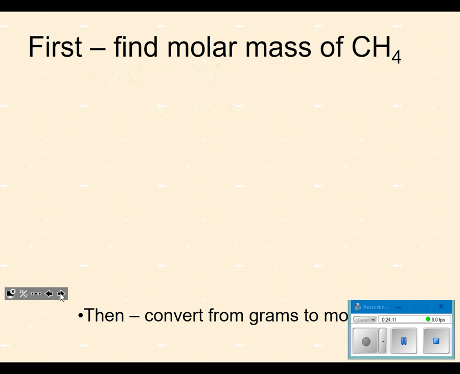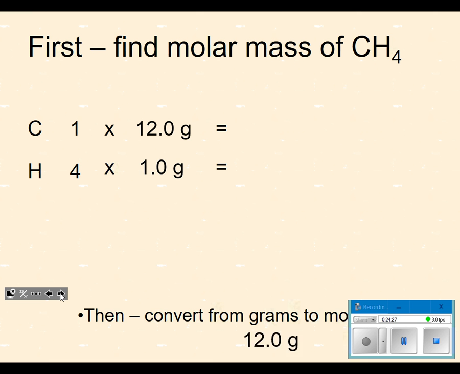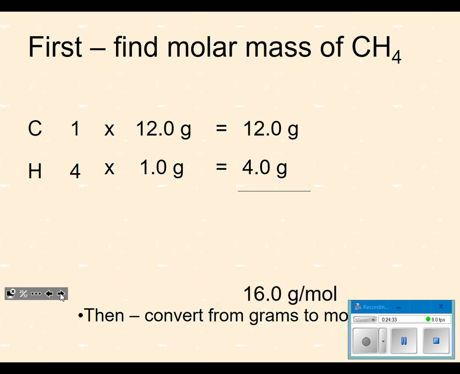All right, so there's C and H, those are the 2 elements, and so I have 1 carbon and 4 hydrogens. So carbon on my periodic table is 12.0 grams. Hydrogen is 1.0 grams. I multiply 12.0 grams and 4.0 grams. Then I add, which will give me 16.0 grams per mole.